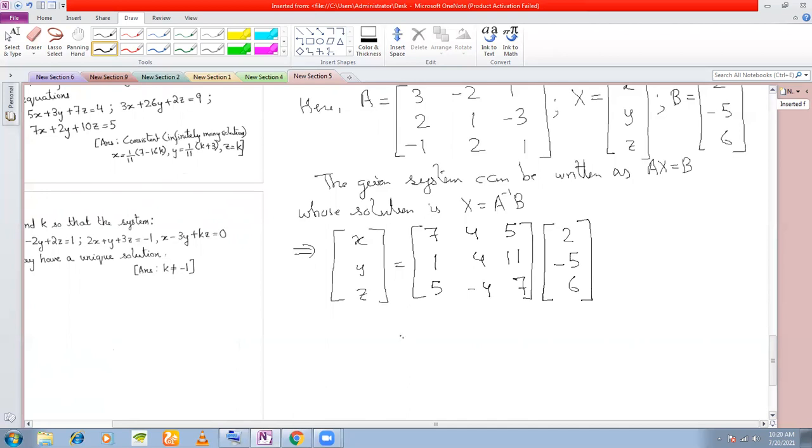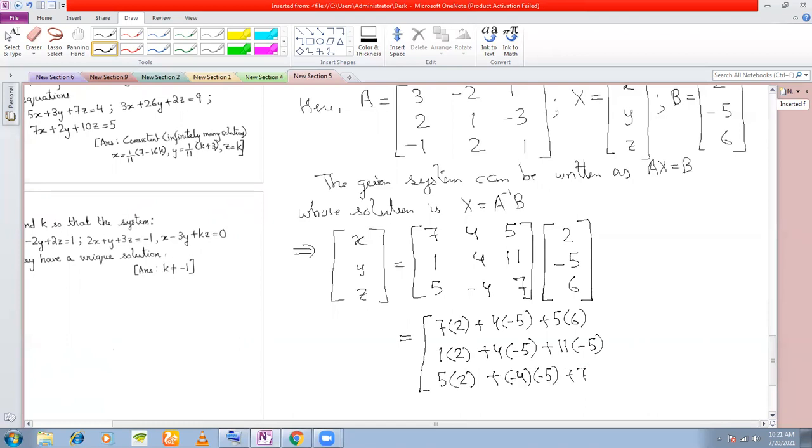Now multiply these two matrices. 7 into 2 plus 4 into minus 5 plus 5 into 6. First row, first column. Second row, first column: 1 into 2 plus 4 into minus 5 plus 11 into 6. Third row, first column: 5 into 2 plus minus 4 into minus 5 plus 7 into 6.